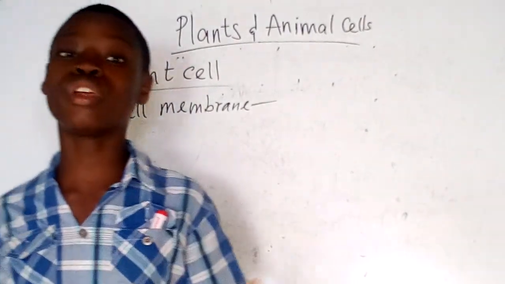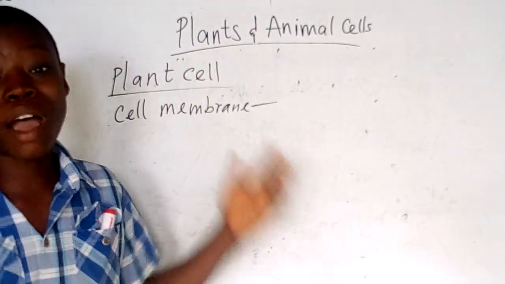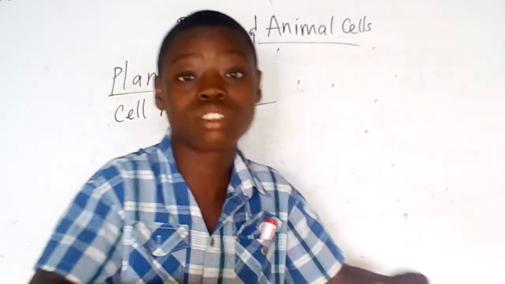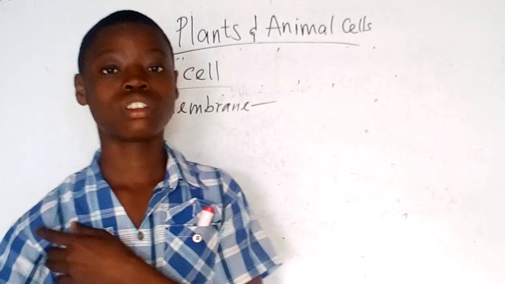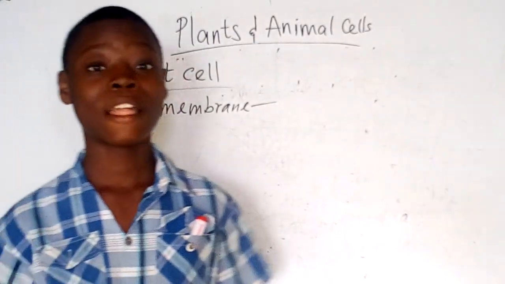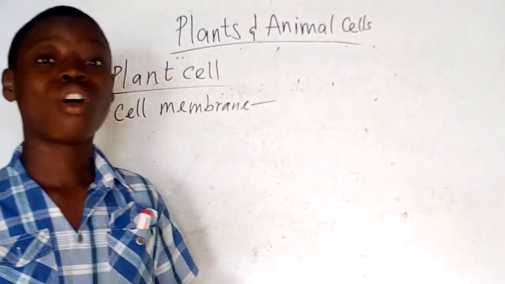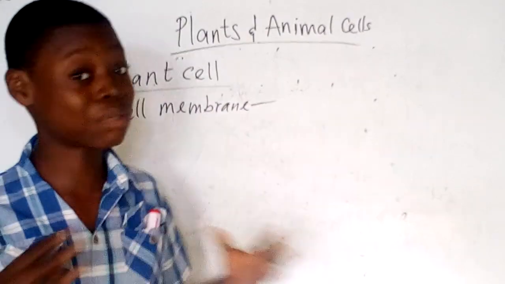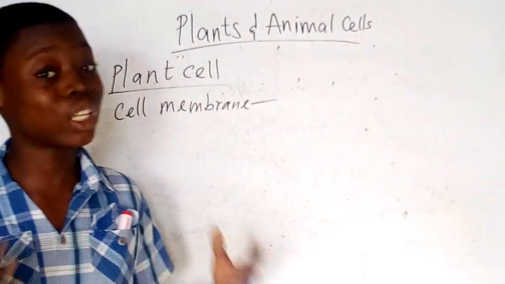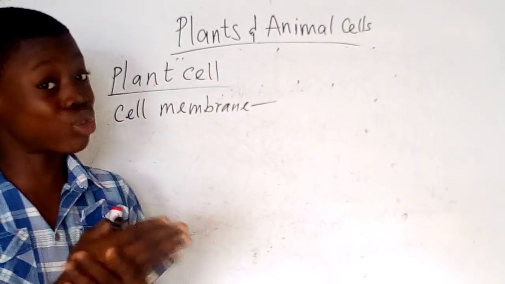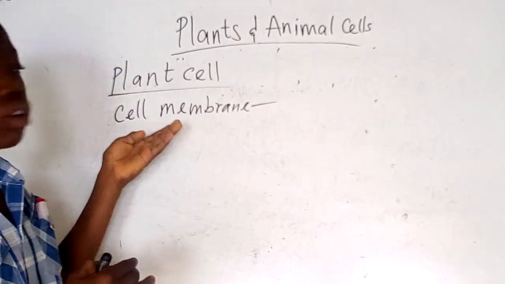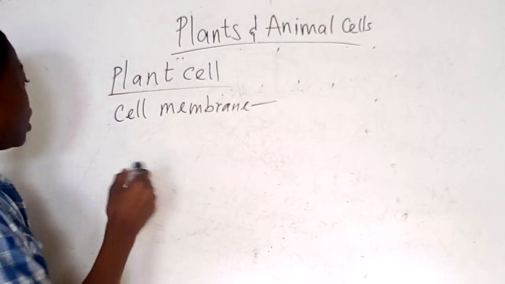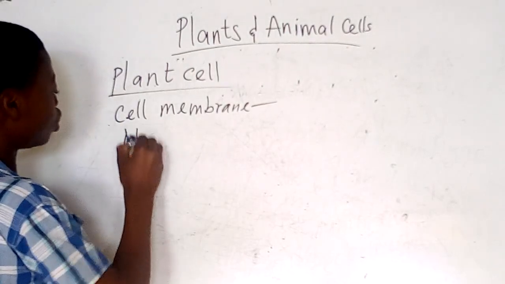Basically, the cell membrane serves as a barrier between the inner part of the cell and the outer part of the cell. It's also semi-permeable. That means water or any liquid can easily pass through it. That's the cell membrane.